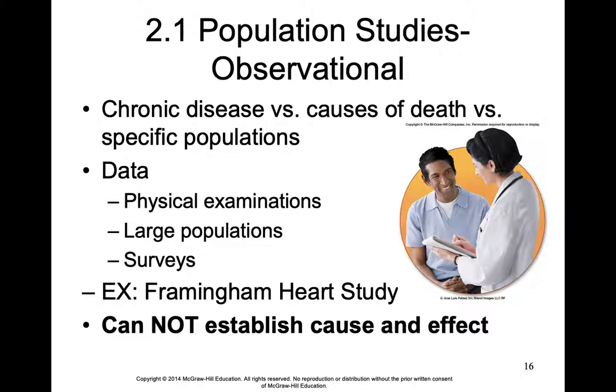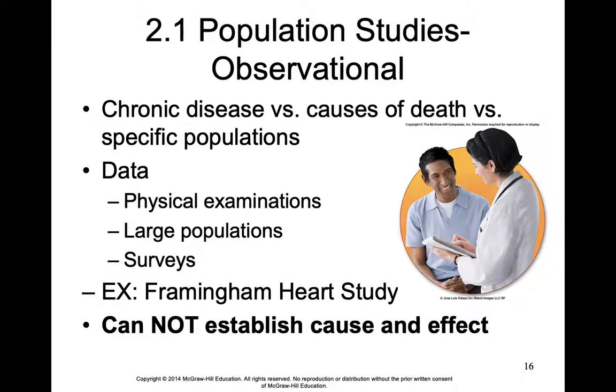Something kind of interesting about that, when we look at medical research in general, is that Framingham, Massachusetts, as you might imagine, is not a very diverse city, which isn't necessarily reflective of the U.S. population, seeing that not everyone is white in America.